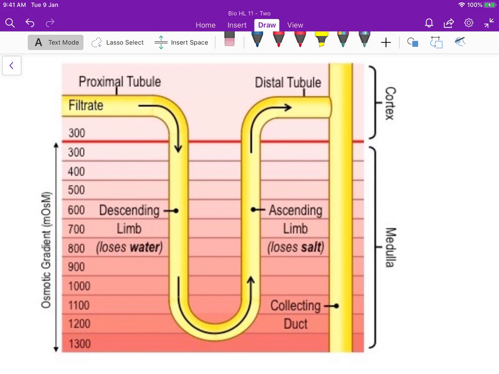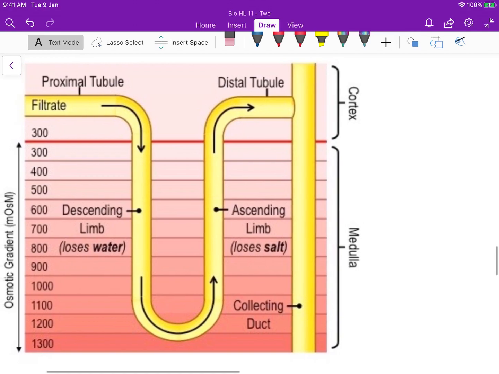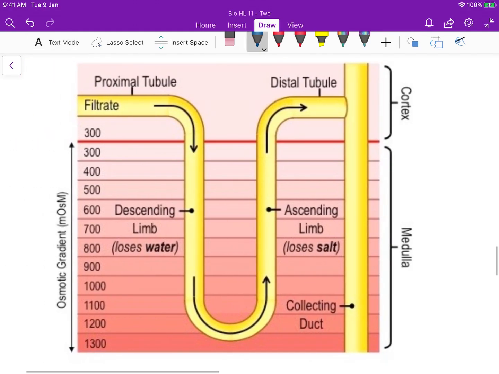So here's a picture showing it, and the technical way to talk about concentrations, solute concentration, osmolarity, is milliosmoles. So you can see here, as we go down, we get up to 1300 milliosmoles at the bottom, very salty.